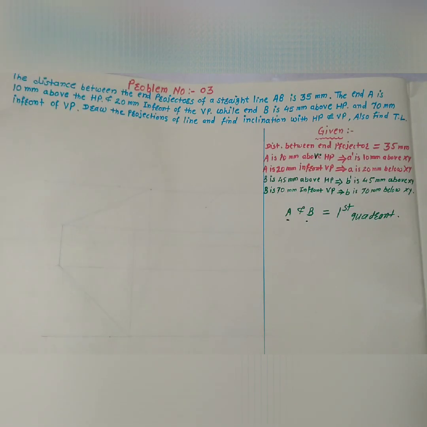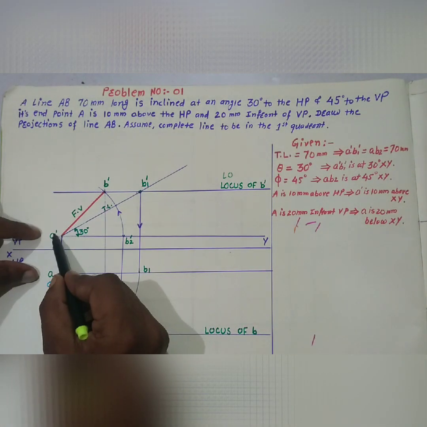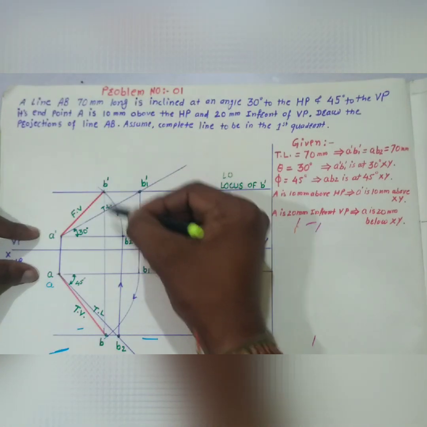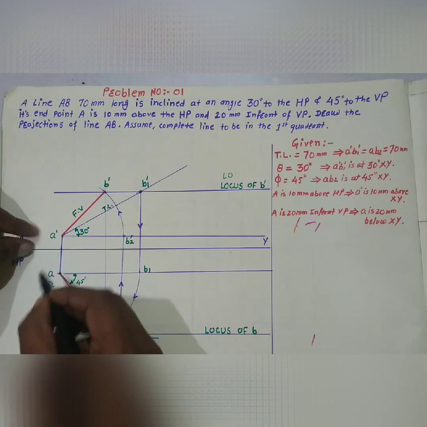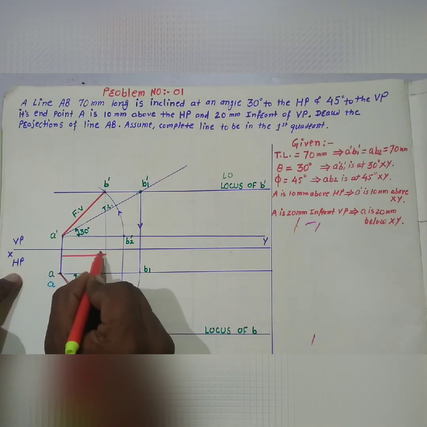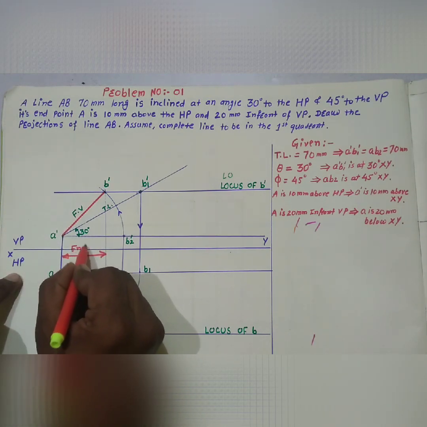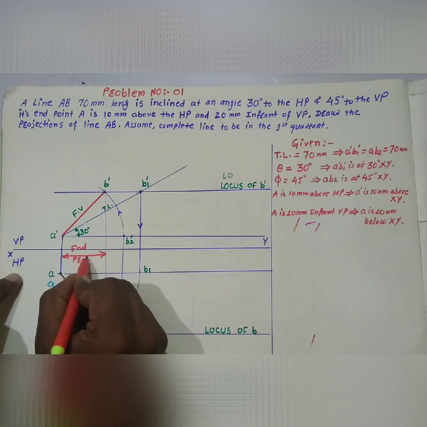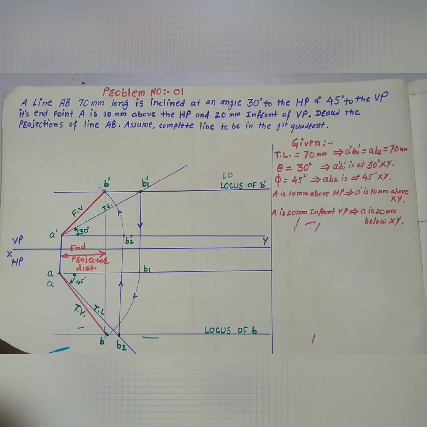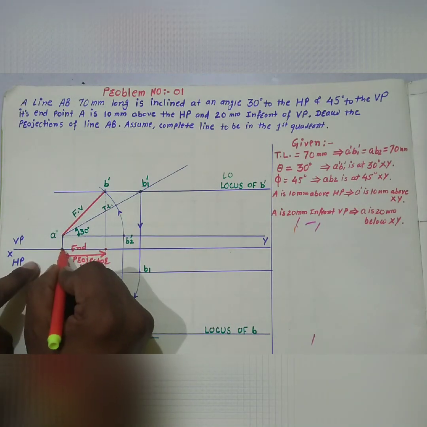First, let us discuss what the distance between end projectors is. In this problem, A dash A is a line, and here we join B dash B line.